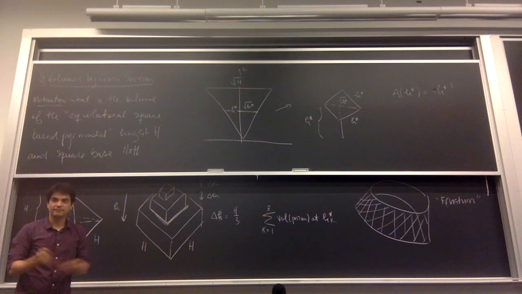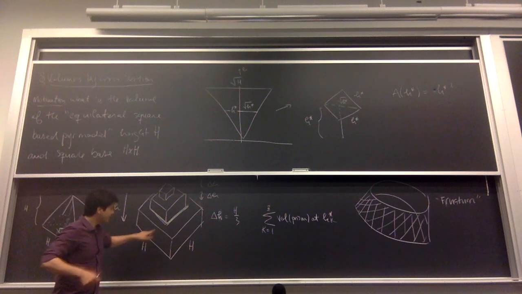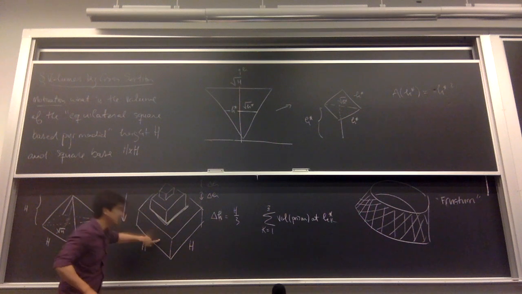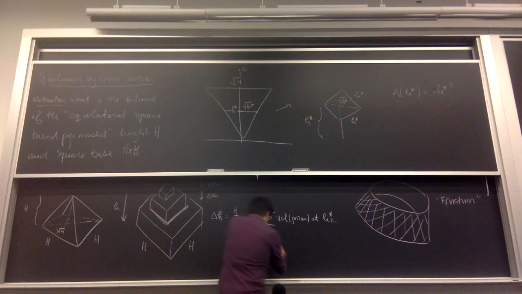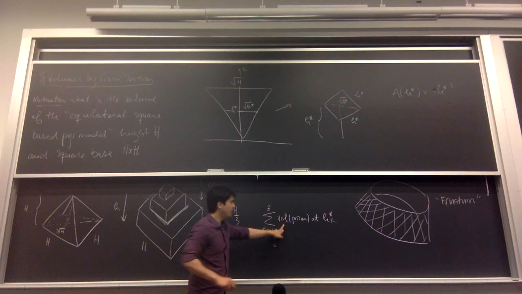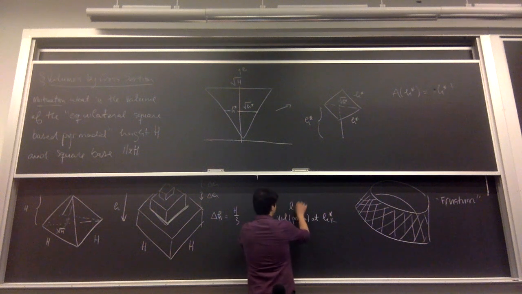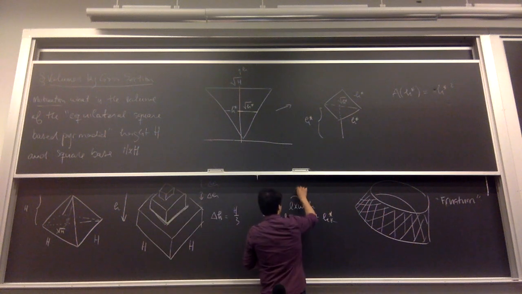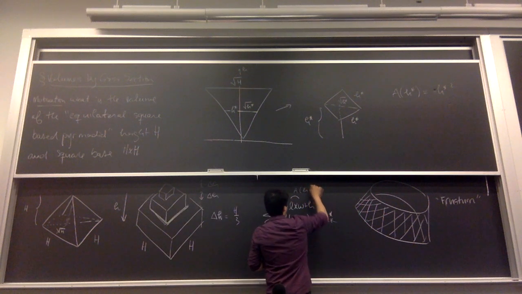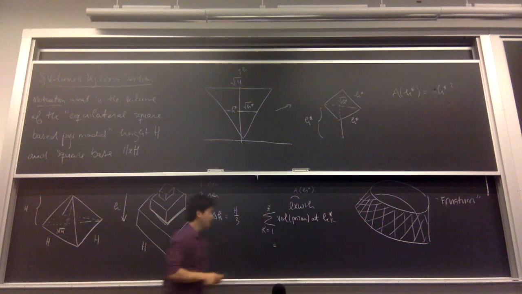Does that make sense? I have to go here and go to the base of this and say what's the volume of this prism. Then I have to go to the base of this and ask what's the volume of this prism, and then that one. So what's the volume of a prism? You told me before that it's length times width times height. The length times width here is just the area at the height sample.